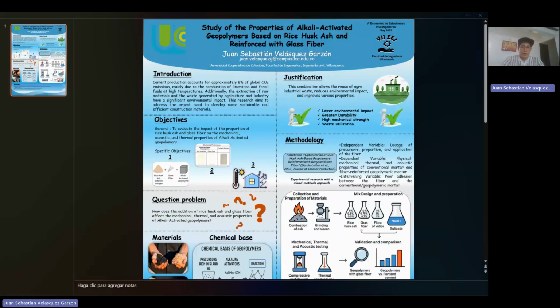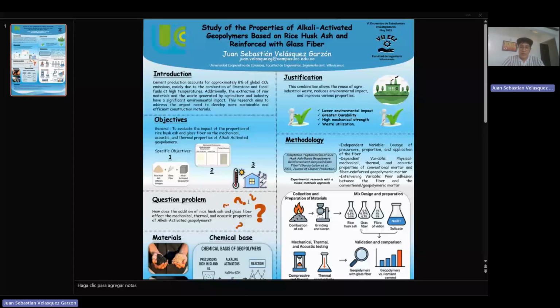Two, to compare the mechanical performance of alkali-activated geopolymers with the addition of rice husk ash and glass fiber against traditional Portland cement. And three, to determine the influence of adding rice husk ash and glass fiber on the thermal conductivity and sound insulation of alkali-activated geopolymers.